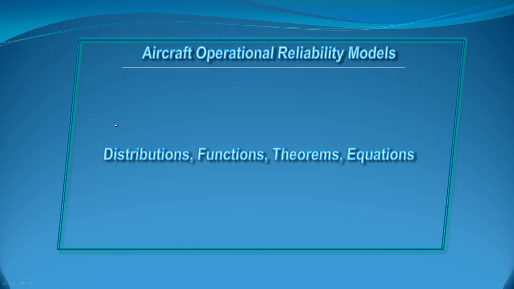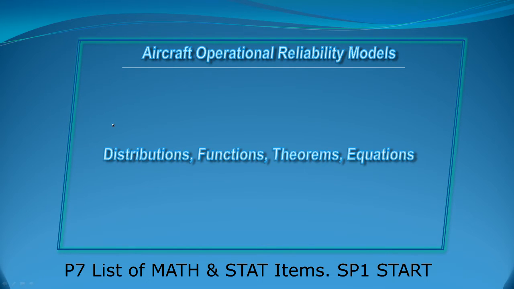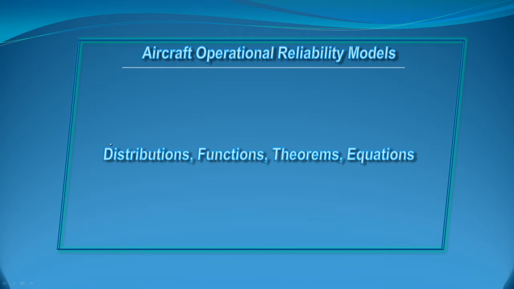And we don't see today any operational reliability related tasks, examples, distributions, functions, theorems, formulas. Why are we doing it this way? Because I'm planning, I don't know how it goes, to create standalone, separate operational reliability related tasks, formulas, distributions, examples, presentations.